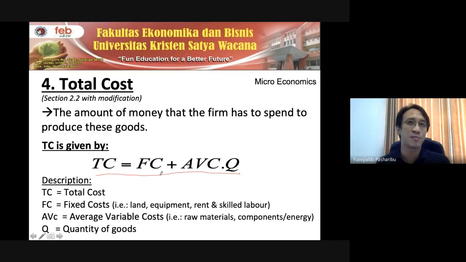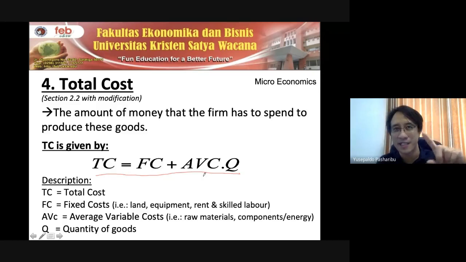So this is called fixed cost. Even if there is no production, the company still has to pay this cost. So it's called fixed. Other examples are land, rental of a place, equipment rent, skilled labor, employees, etc. So there are two components in total cost.